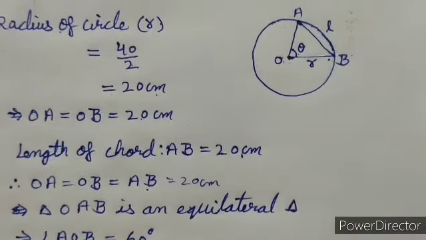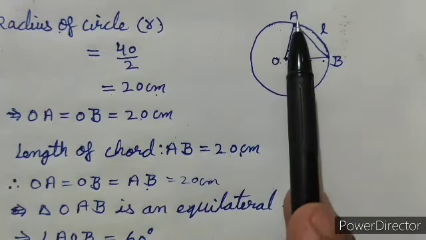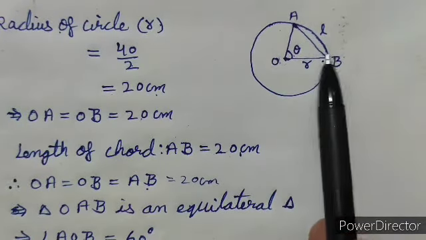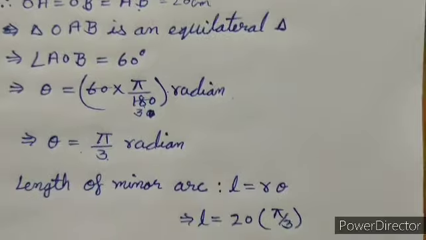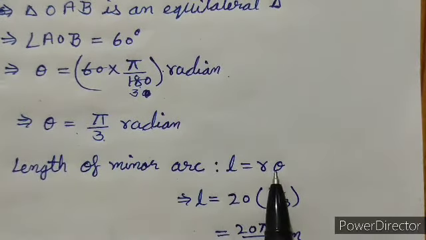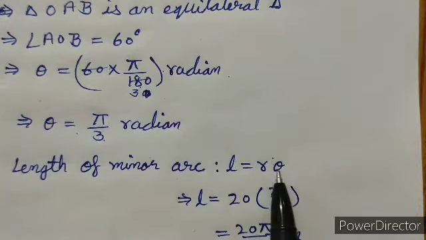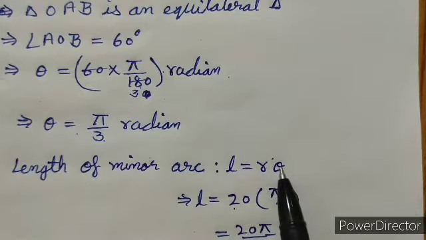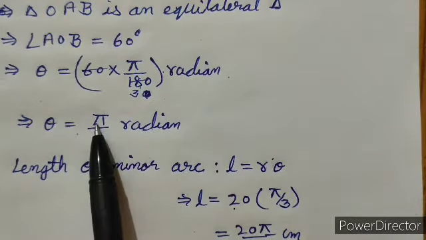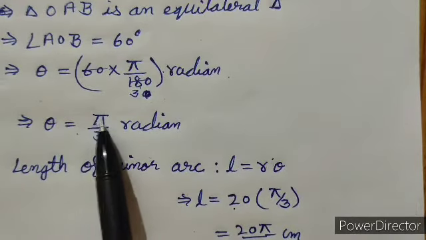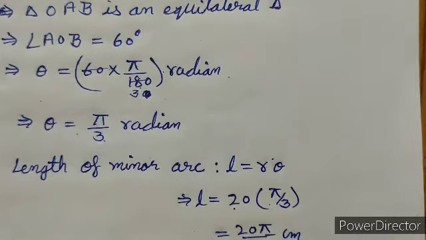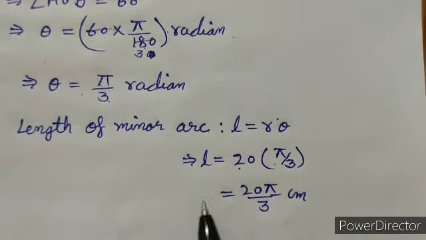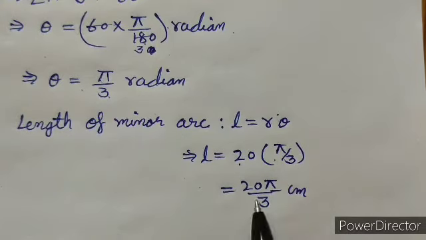Now length of the minor arc of the circle, that is L here, will be given by the formula L equal to R theta, where theta is in radian. R, radius of the circle, was 20 centimeter, and theta, the angle of the arc, is pi by 3 radian. So L will be equal to 20 pi by 3 centimeter.